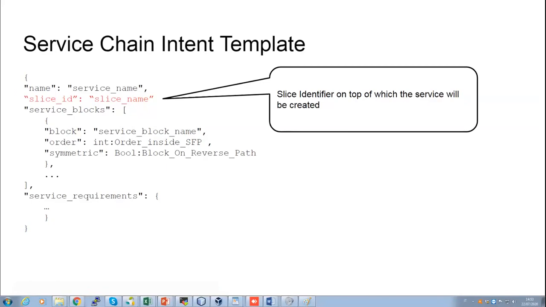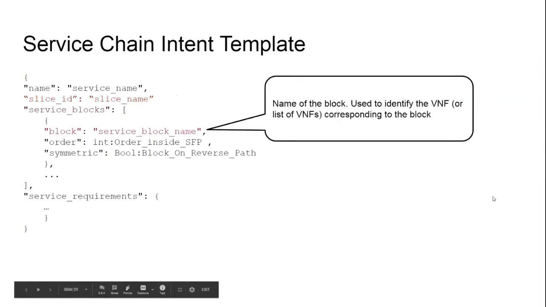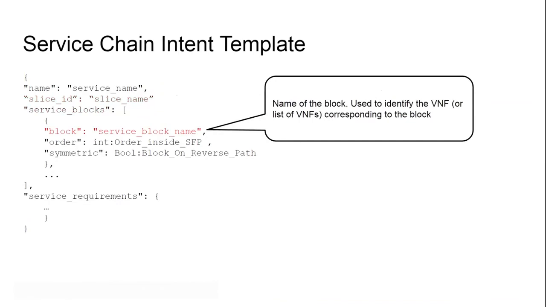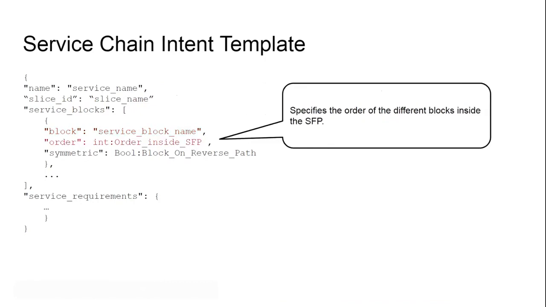Then we have the list of service blocks, which contains the list of these blocks, or the functions, that we need inside our service. Each element of this list is characterized by the name of the VNF that we need and the order, so the order in which it is to be traversed inside our service path.